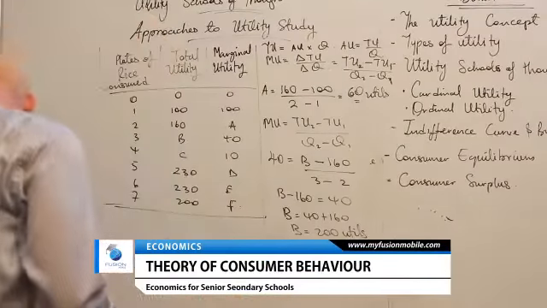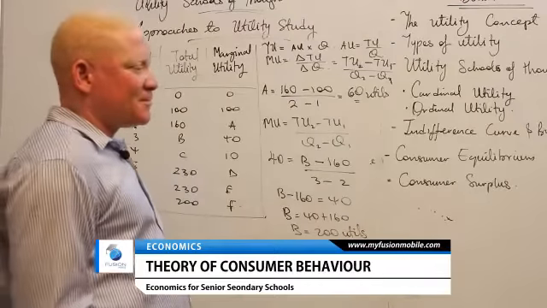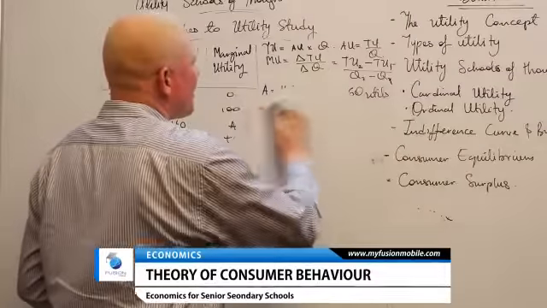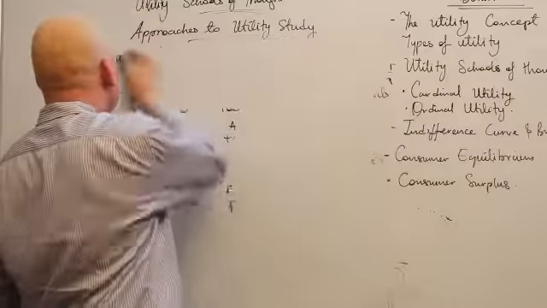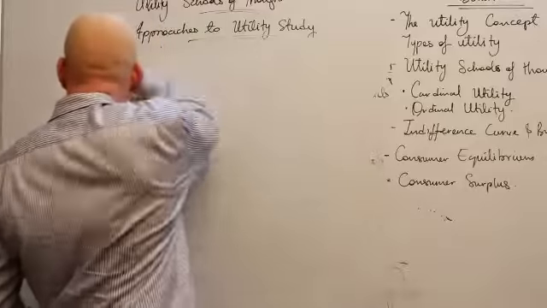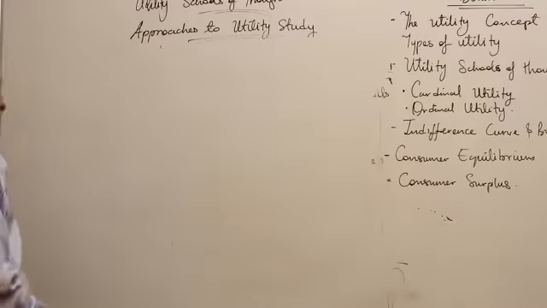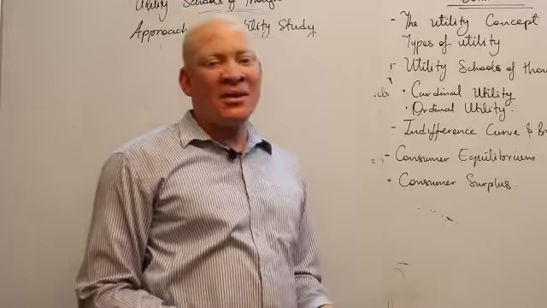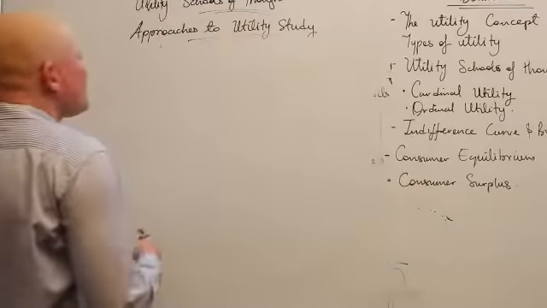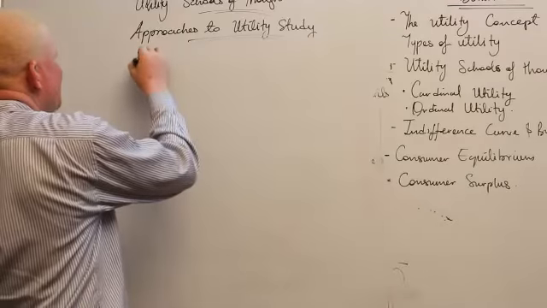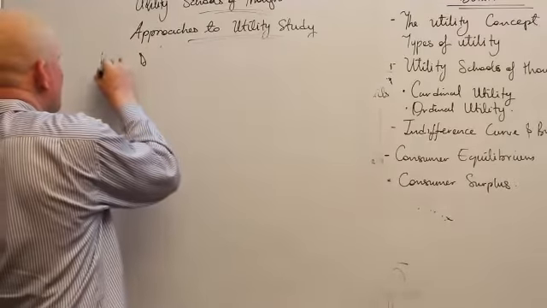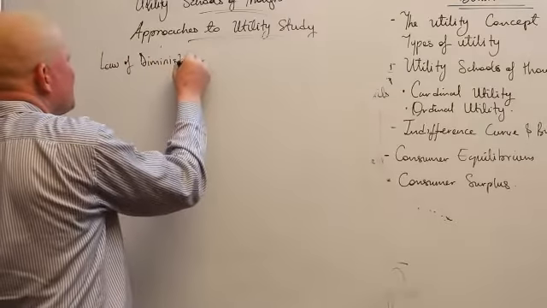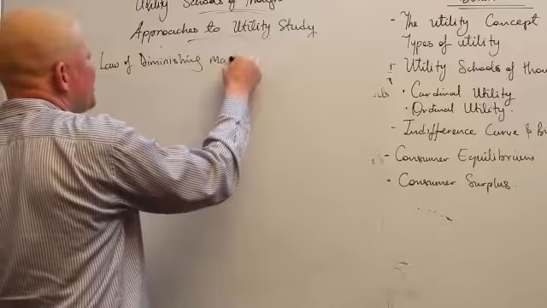Now, moving down our course outline, we have, still under the marginal cardinalist approach, because of the definition of the marginal utility and the way it behaves, they came up with the concept of the law of diminishing marginal utility.